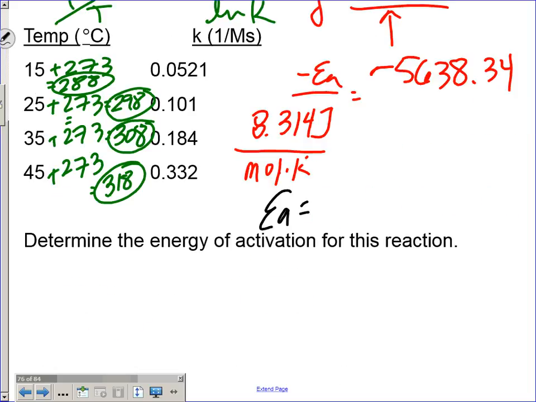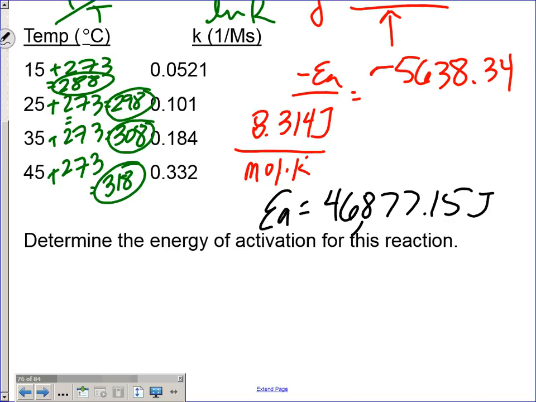46,877.15. So 46,000-ish, 49,000. Okay. What are the units? Well, I'm going to stick with what it is right now.